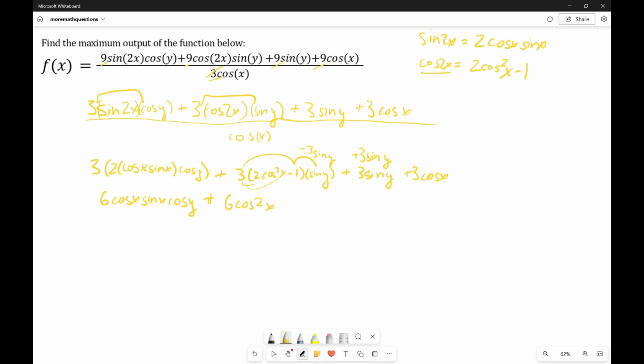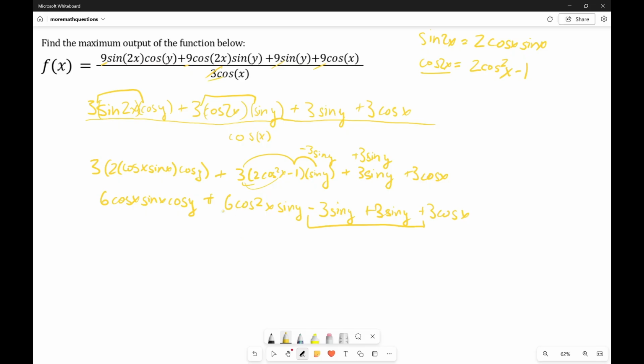So we have to write 6 cosine squared x sine y minus 3 sine y plus 3 sine y plus 3 cosine x.